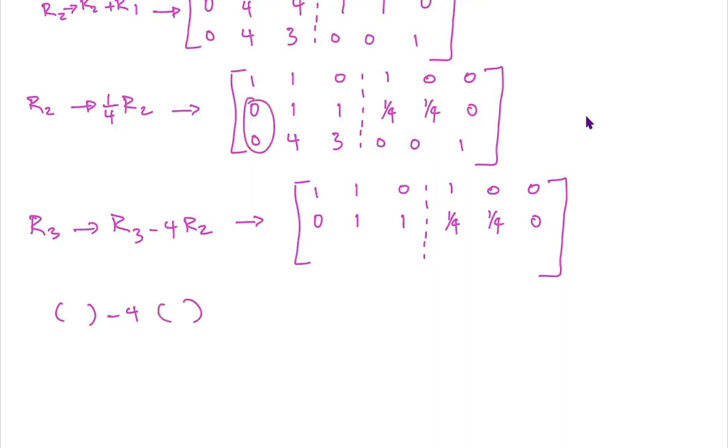Let me start with these two. That's 0, 0, so that gives me 0. Now let's go to the second one, R3, 4, 1. So that's a 0. R3, 3 minus 4 times 1. That's negative 1.